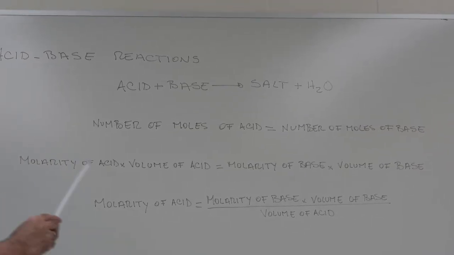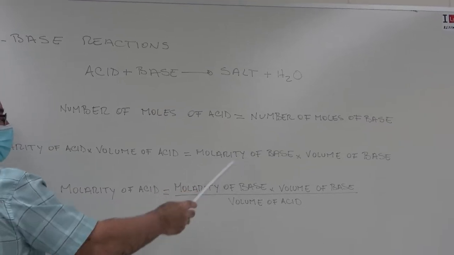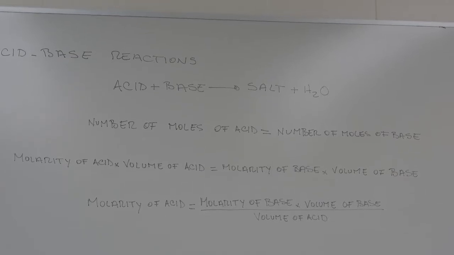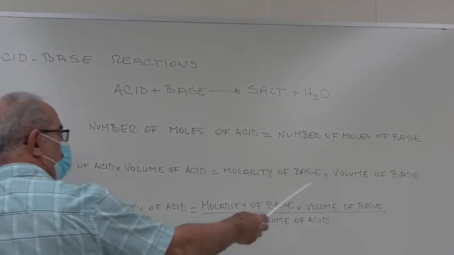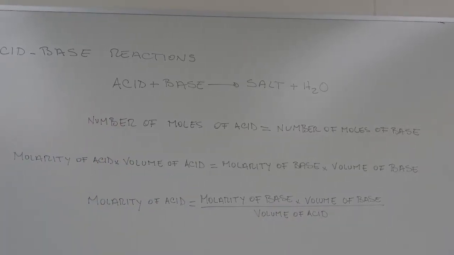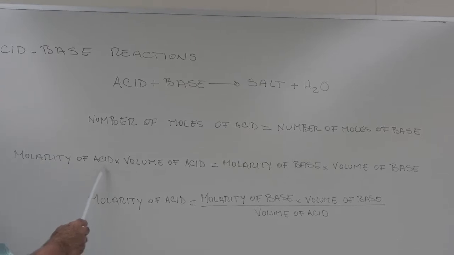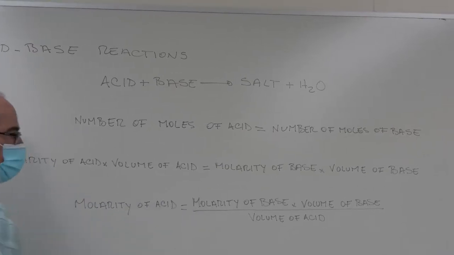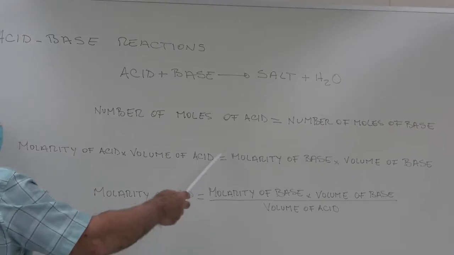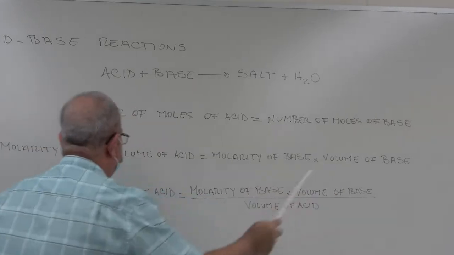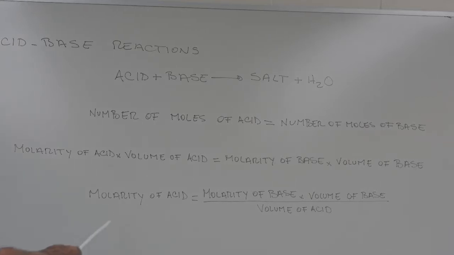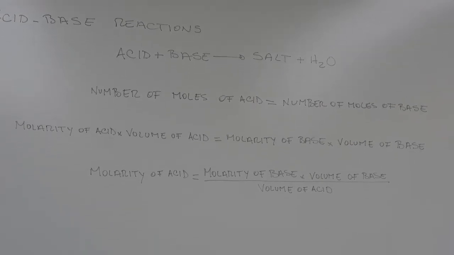If we know the molarity of the base, which is the number of moles of base that we have per liter of solution, and we multiply it by its volume that we can determine experimentally, that's going to be equal to the molarity of the acid times the volume of the acid, which we also measure experimentally. So by knowing the molarity of the base, the volume of the base, and the volume of the acid used in the experiment, we can calculate the molarity of the acid.